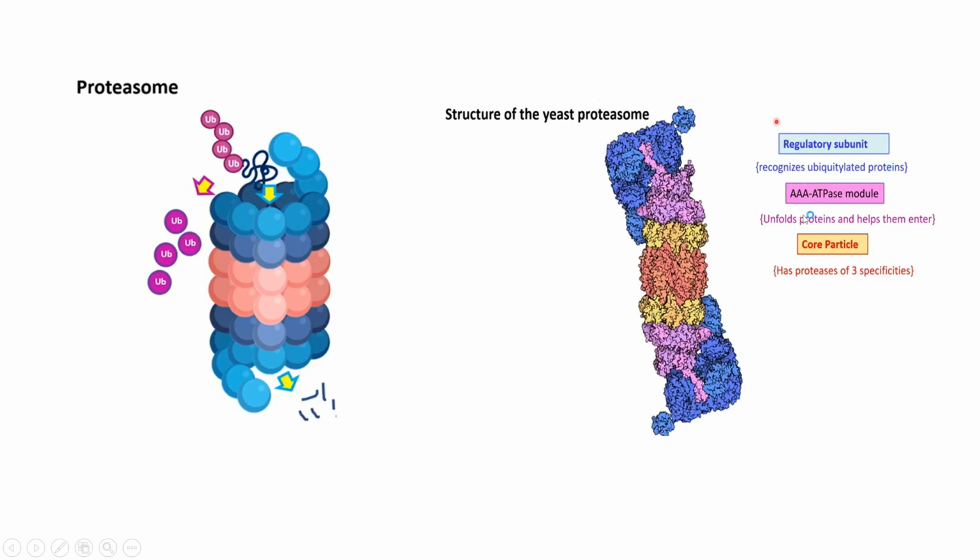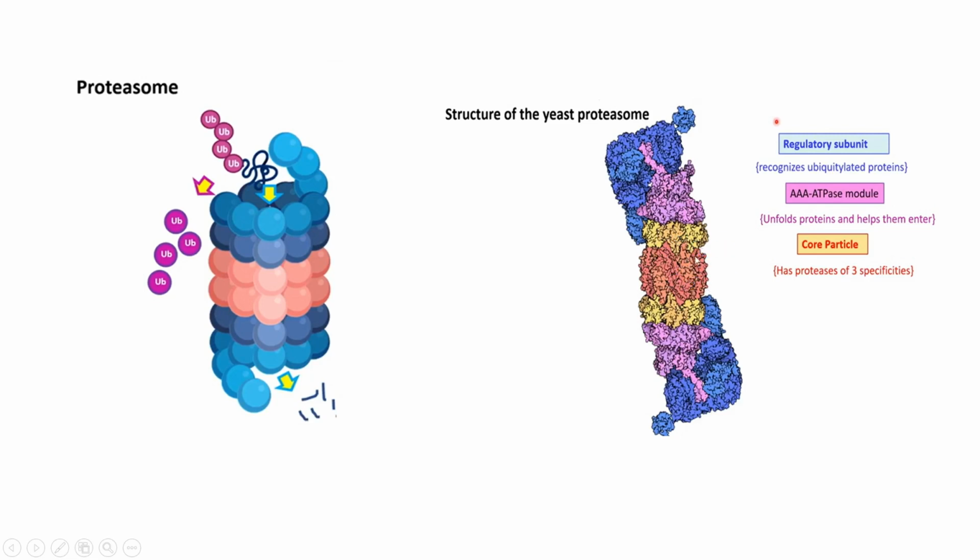After that, the AAA ATPase module is there, the pink portion. This AAA ATPase uses the energy from ATP and helps to translocate the ubiquitinated protein onto the core particle, the orange portion.